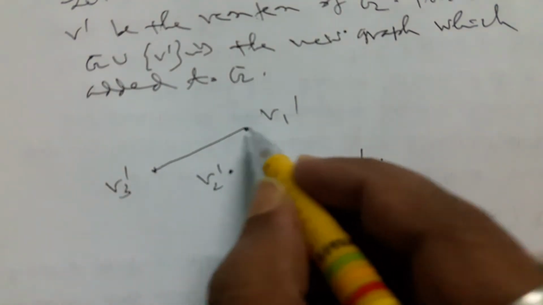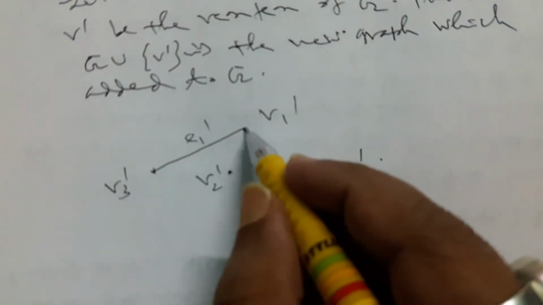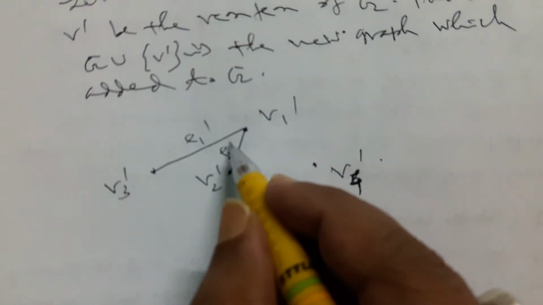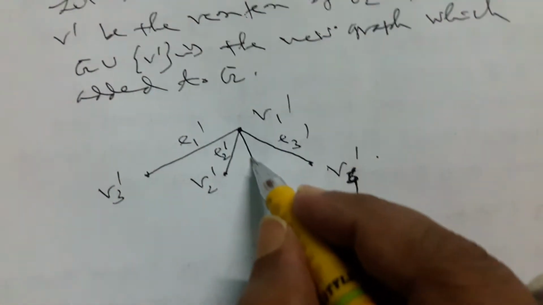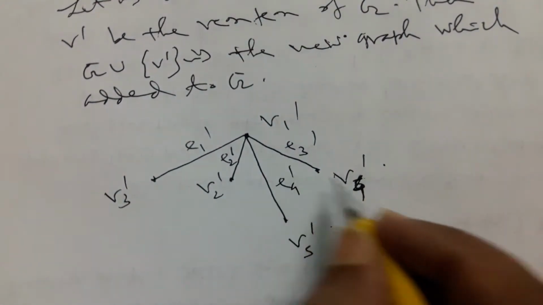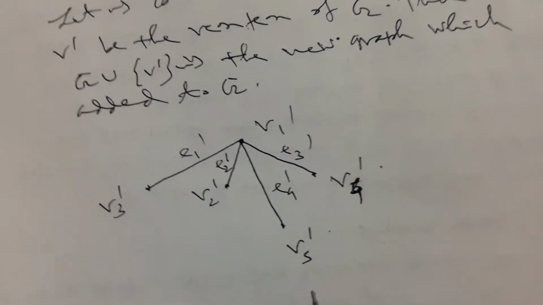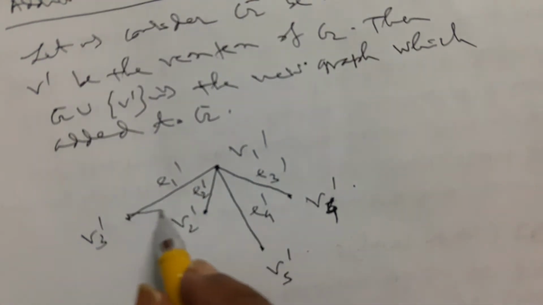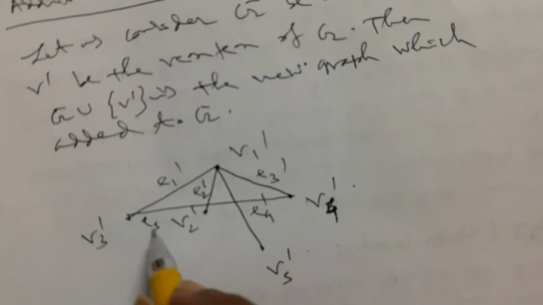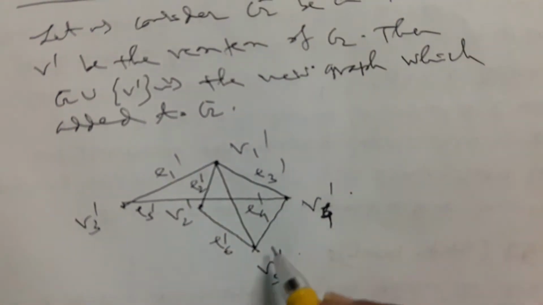And they are connected with the edges E1 dash, E2 dash, E3 dash, E4 dash, and if all of these are connected with the edges E5 dash, E6 dash, and E7 dash.